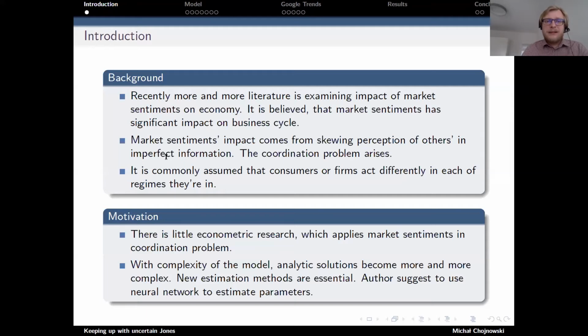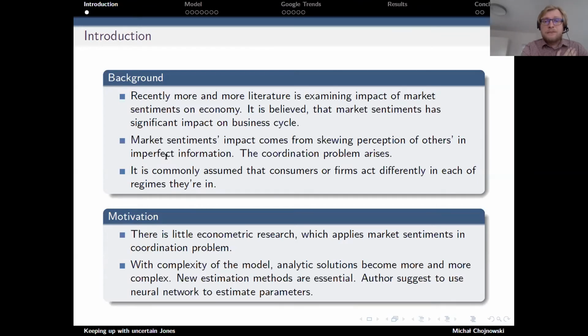So the idea is that, especially after the crisis of 2008, when there was information that the rating agencies were a little bit culprit in what had been done, there was more and more literature which investigates how the information flow under imperfect information actually affects the economy.